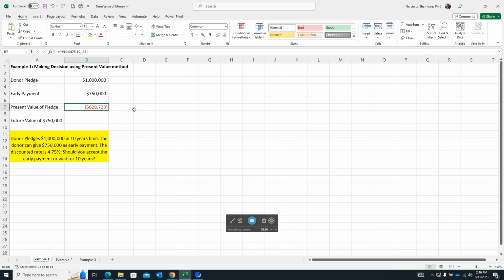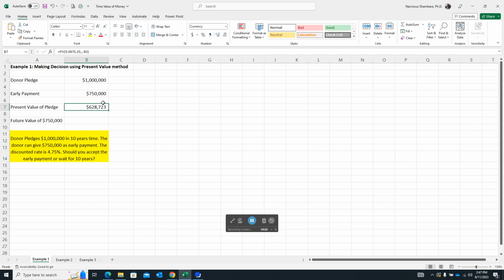Here it tells us that the present value of the pledge of $1 million in 10 years' time is 628. To make sure this number is positive, we put a negative next to the $1 million. So the present value of $1 million will be $628,000.